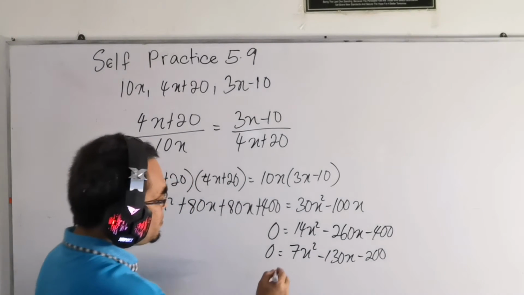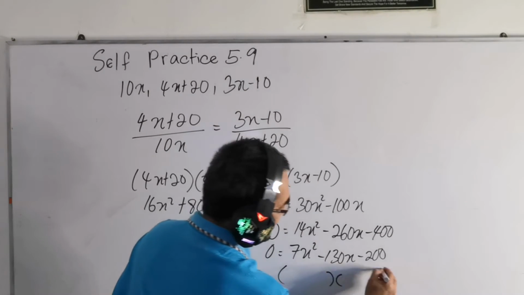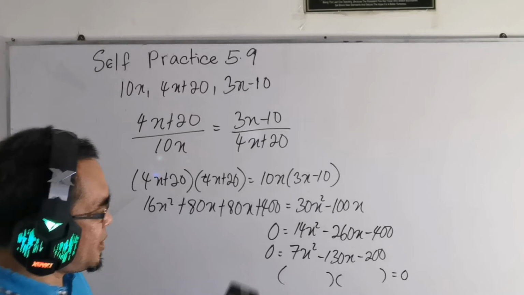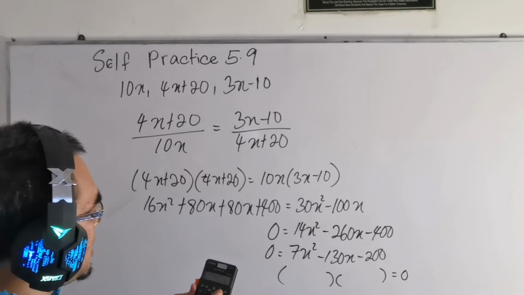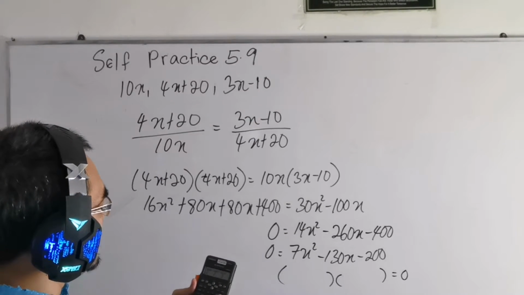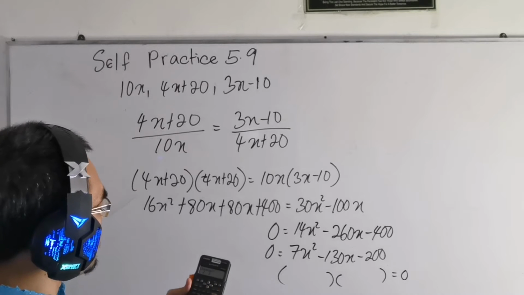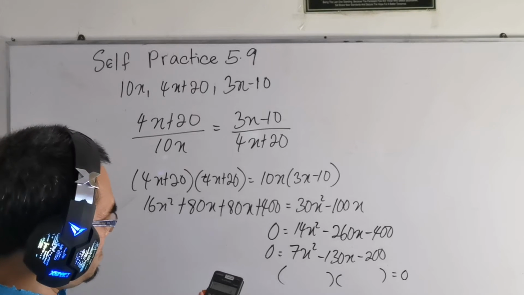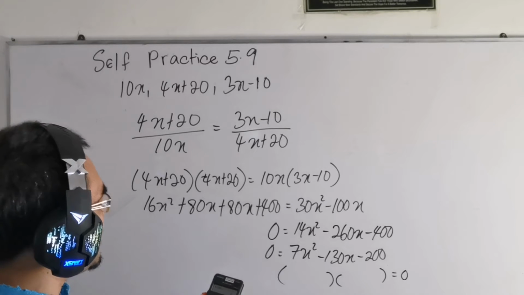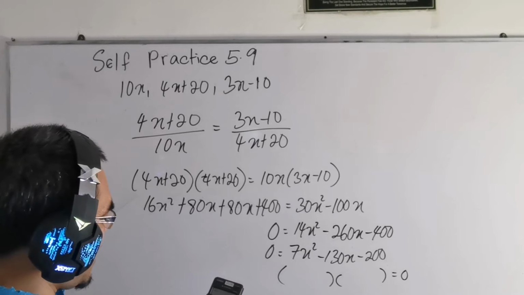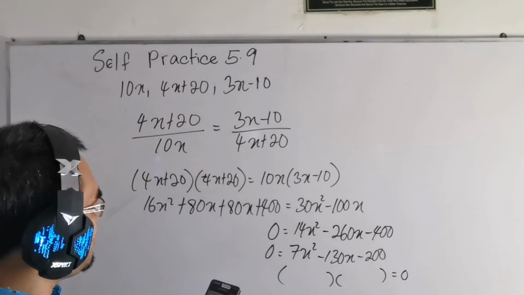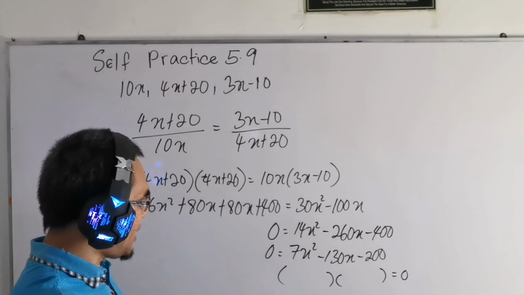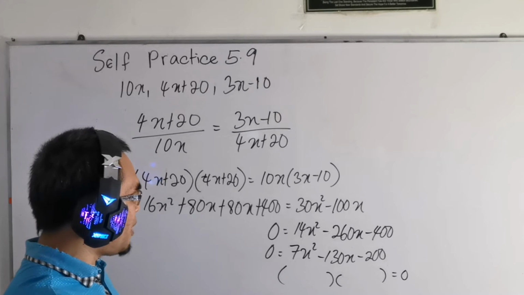So assuming that we can factorize this using calculator, I just use the calculator into the quadratic function. So A will be 7, B is negative 130, and C is negative 200. So the first x will be 20, the second x is negative 1.42.